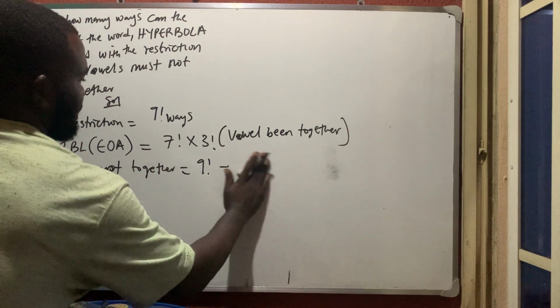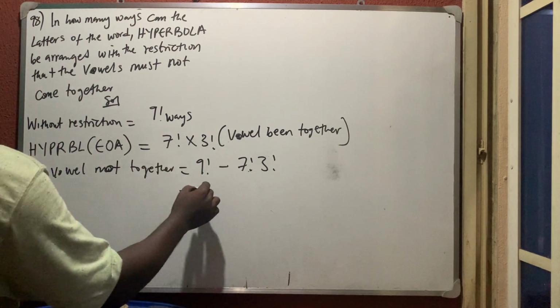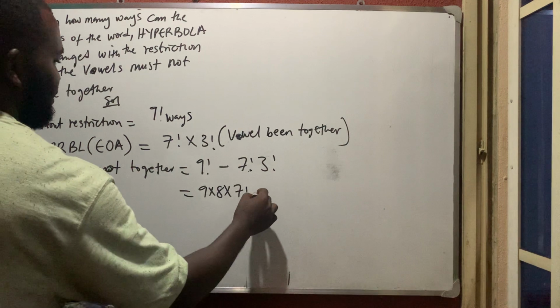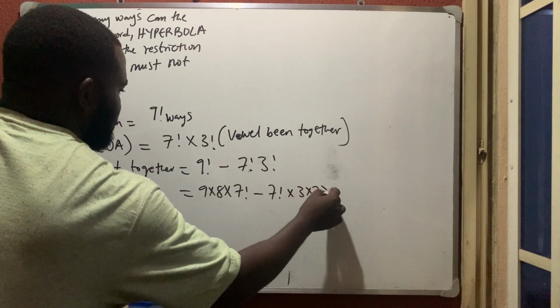Now this is 9 times 8 times 7 factorial minus 7 factorial times 3 times 2 times 1.